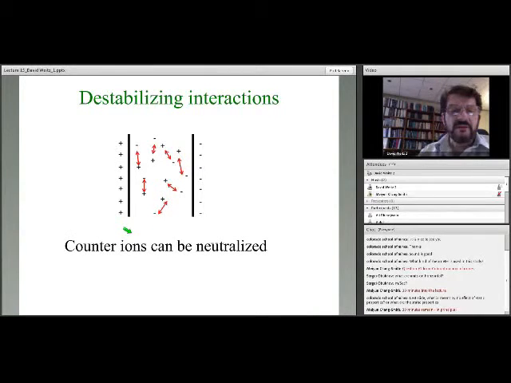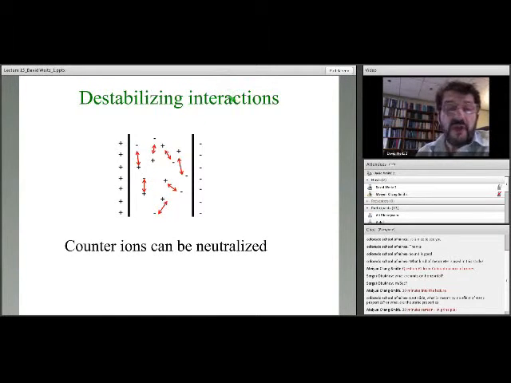These two can neutralize one another, and so these two now are no longer interacting with the ions on the surface. There's not enough Coulombic interaction, just for them to interact with each other. And so they're no longer bound in this region between the two surfaces, and they can diffuse away. So they're no longer trapped in between them.